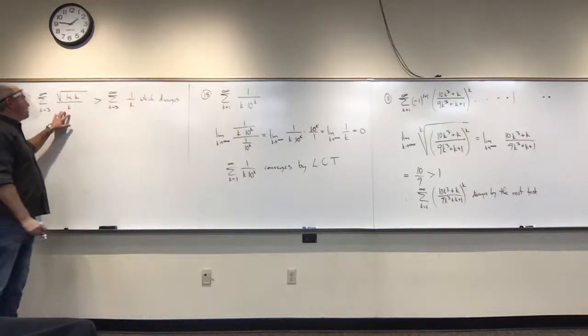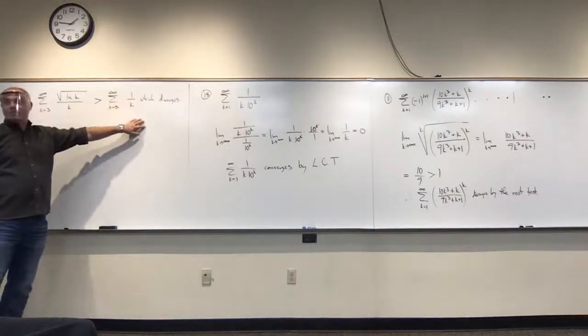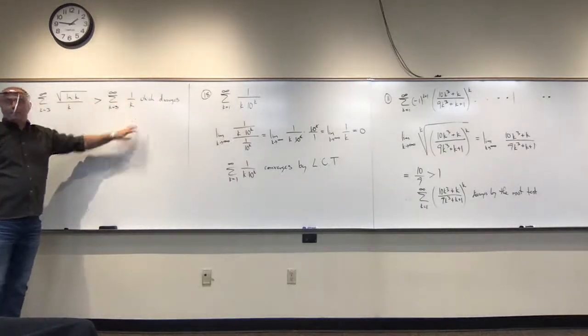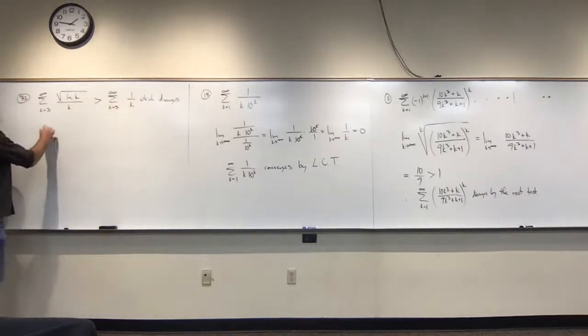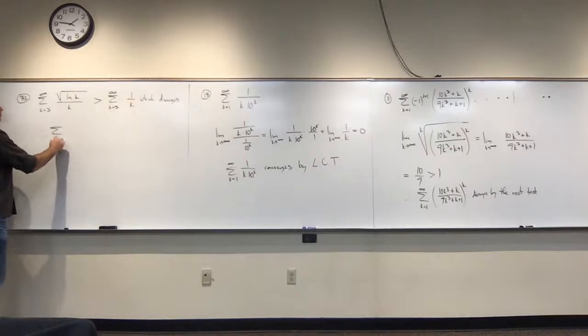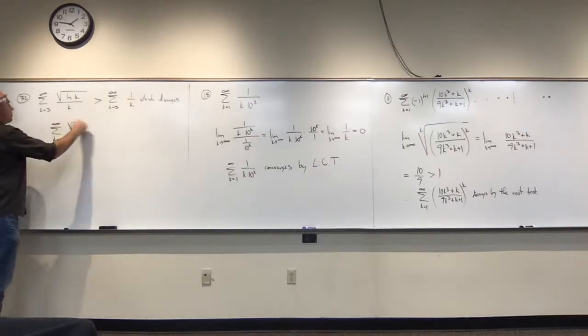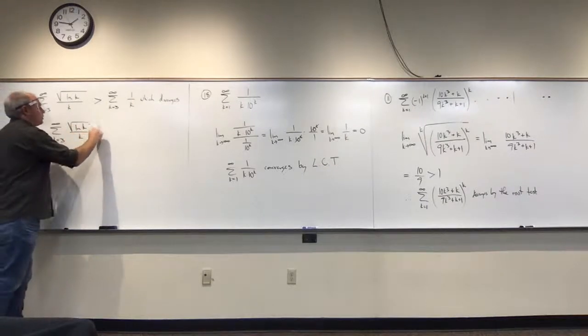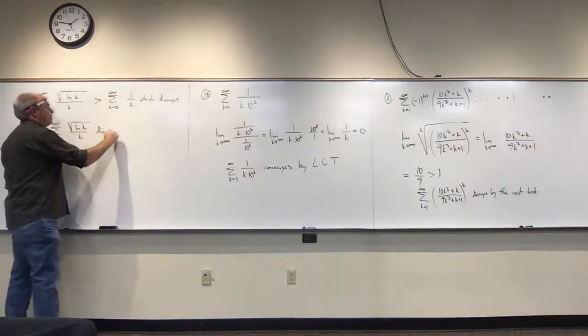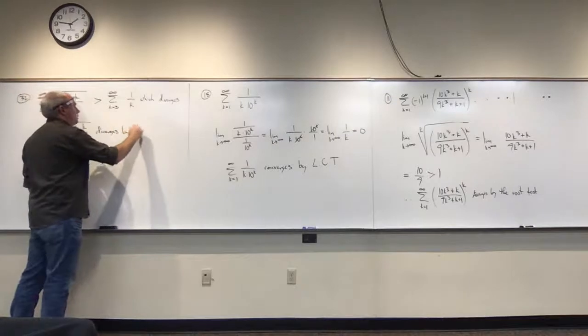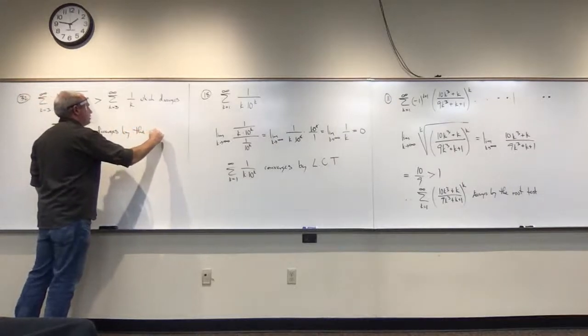And so this thing is bigger than a divergent series, so it diverges as well. And so you can say, therefore, the sum, k going from 3 to infinity, of square root ln k over k diverges by the comparison test.